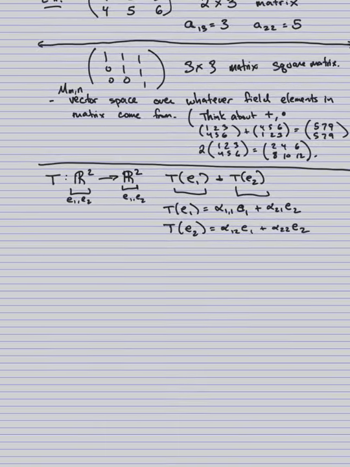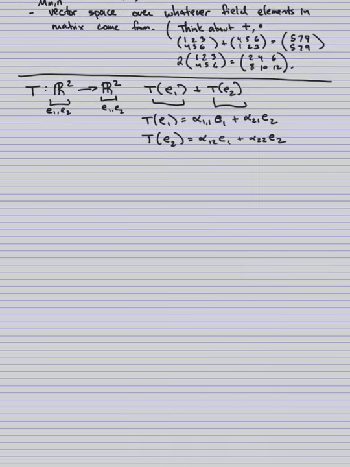Okay, so the point is that from this linear transformation, I naturally produce 4 numbers, right? The way that I do that is I take a basis for my domain, I look at its image, and then I write the image of each basis vector as a linear combination of basis vectors in the range, okay?